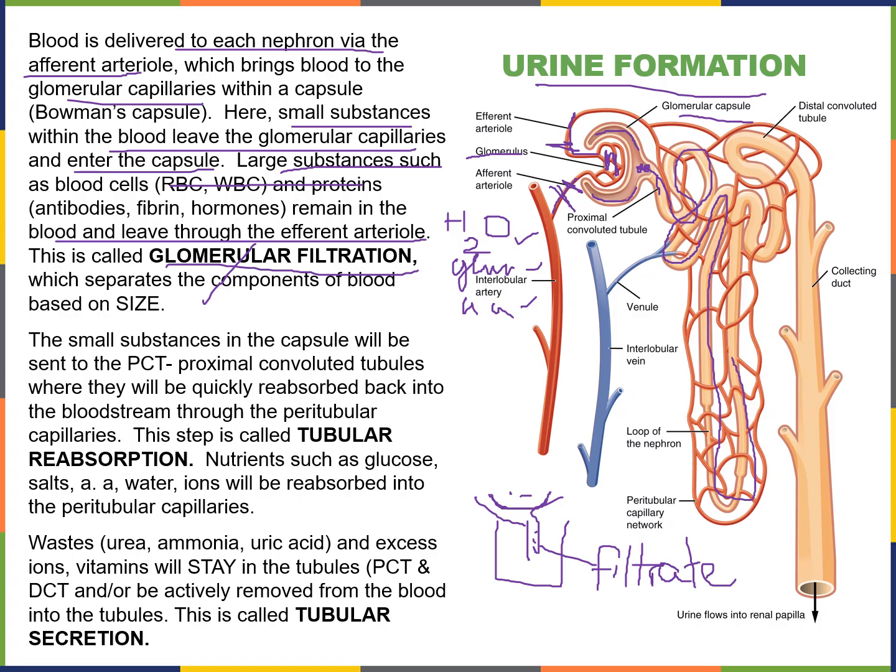Then they'll go through the distal convoluted tubule. Then the distal convoluted tubule leads to the collecting duct. And in the collecting duct here, this is called urine now. It's not called filtrate. These substances will end up leaving the body if nothing else happened to them. Well, what would be the benefit of that?